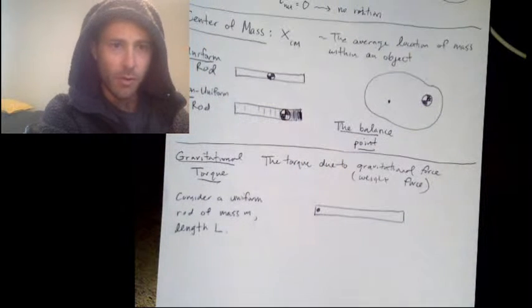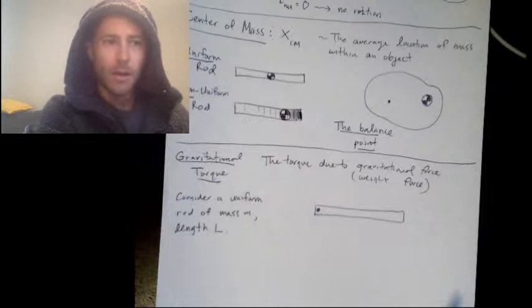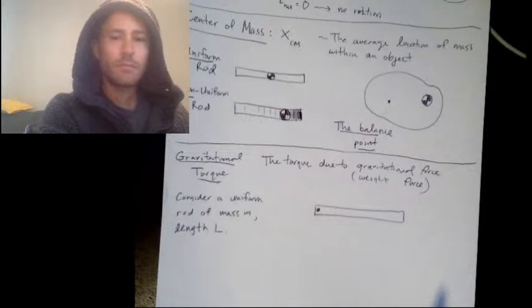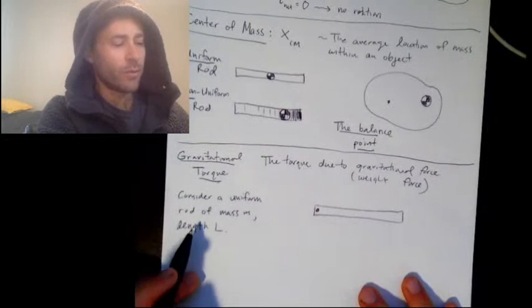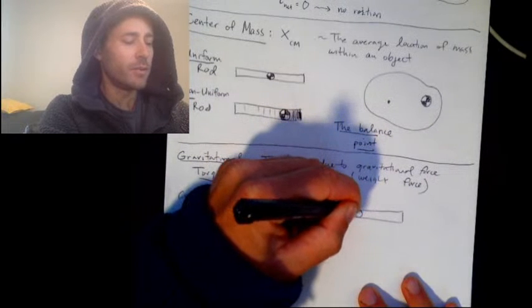So you've drilled a little hole in the left end and you're allowing it to pivot around that point. Because it is a uniform rod, the center of mass is going to be in the middle.